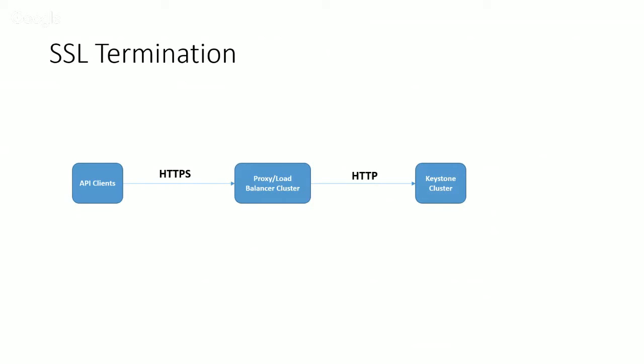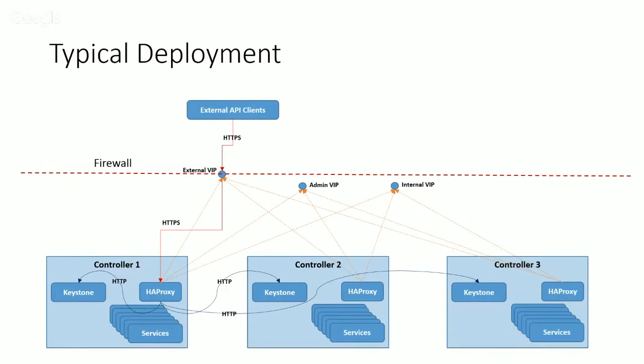This is an example of what it looks like in a typical deployment. You would have an external VIP, accessible by the external clients, and then both the admin VIP and the internal VIP would sit behind the firewall. External clients have no visibility to them, and they can only be accessed by the internal controller nodes.